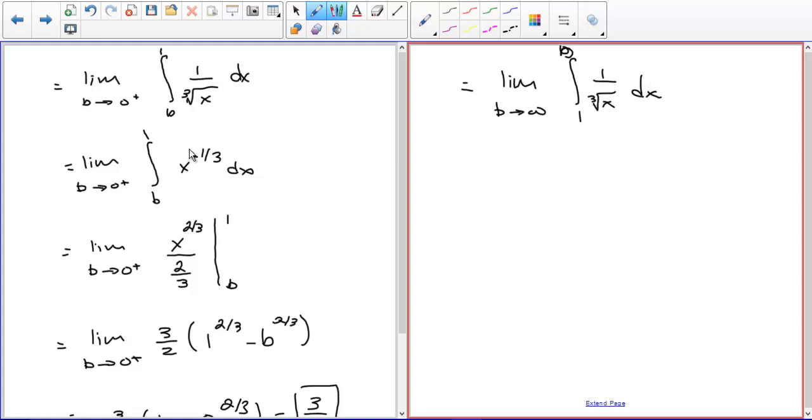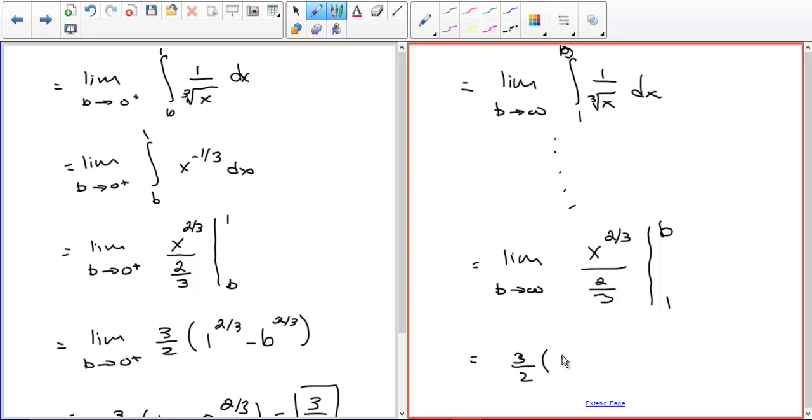Because the integral is the same, we can skip that second step and just say it's the limit as b goes to infinity of x to the 2/3 divided by 2/3 evaluated between 1 and b. Again, I'm replacing the limit that is infinity by b and then taking the limit as b goes to infinity.